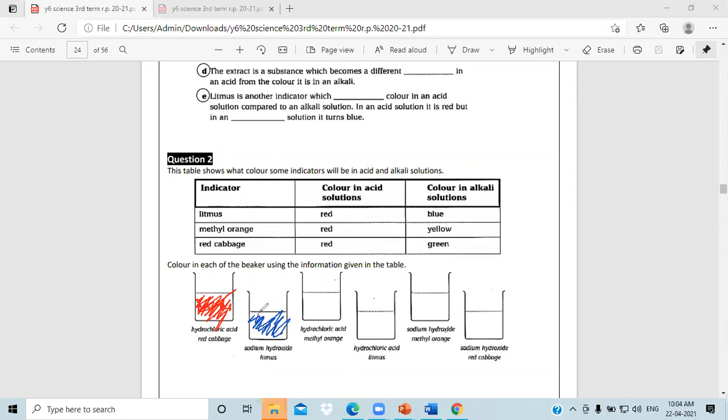The next one, hydrochloric acid with methyl orange. Yes, Limar. Are you there?